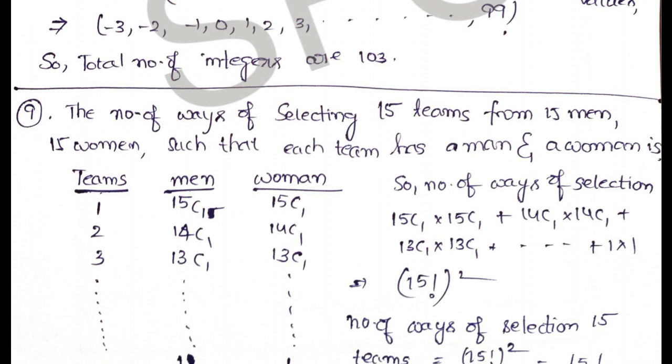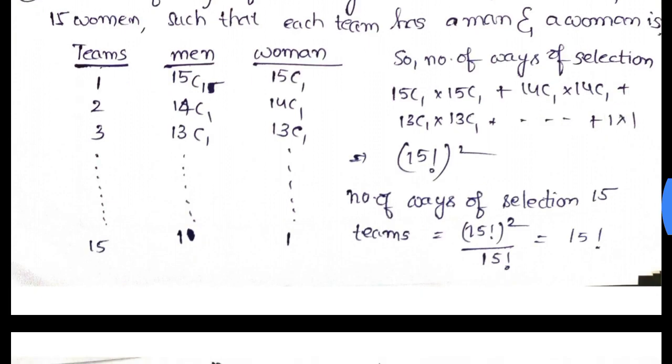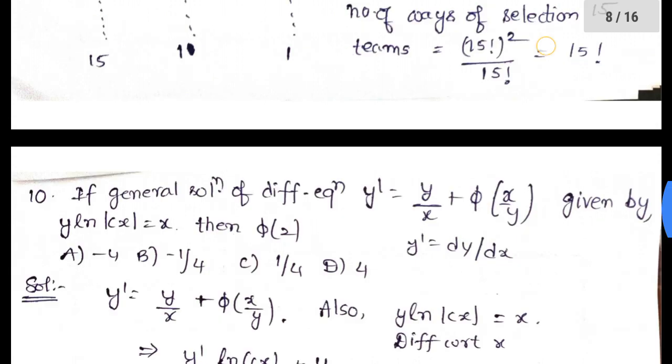One man and one woman are selected, so the remaining are 14 men and 14 women. One is selected, so the remaining are 13 men and 13 women. In this way, if we are selecting everyone for a team, finally we will get the total number of ways of selection. That is 15 into 14 into 13 and so on, that is 15 factorial is the answer.